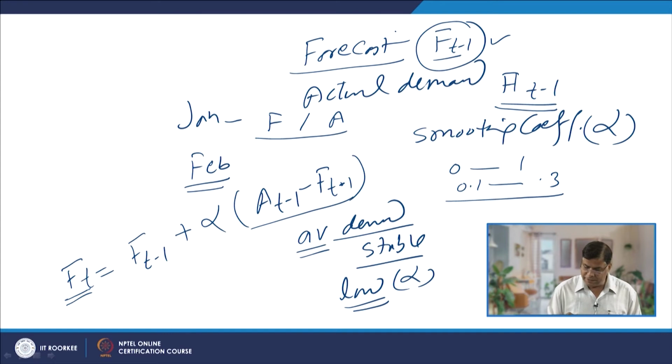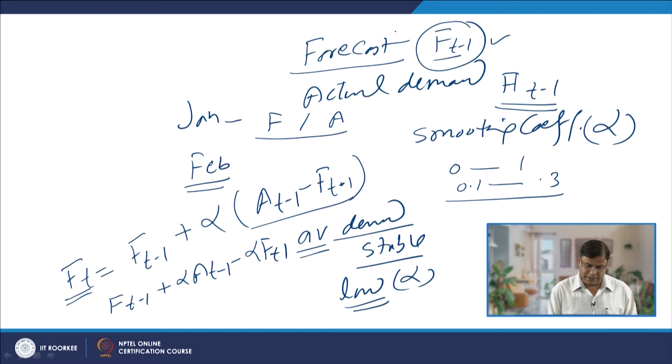This can be written alternatively also. If we simplify this, F t minus 1 plus alpha into A t minus 1 minus alpha into F t minus 1.